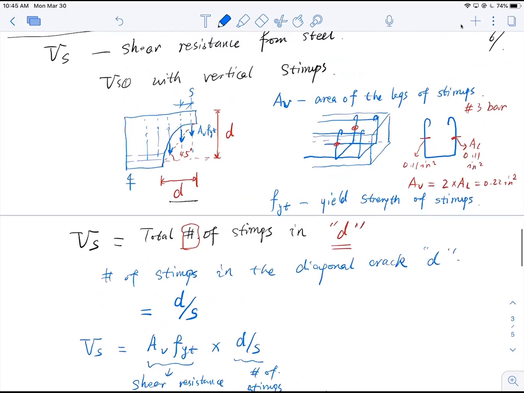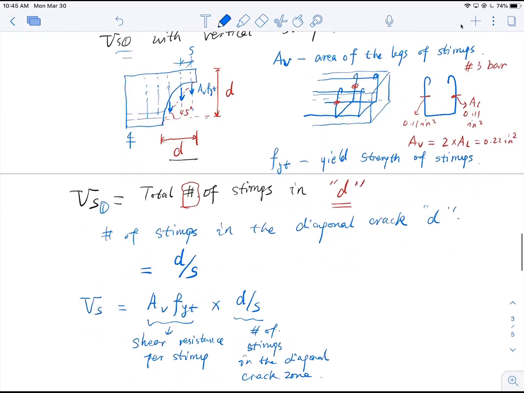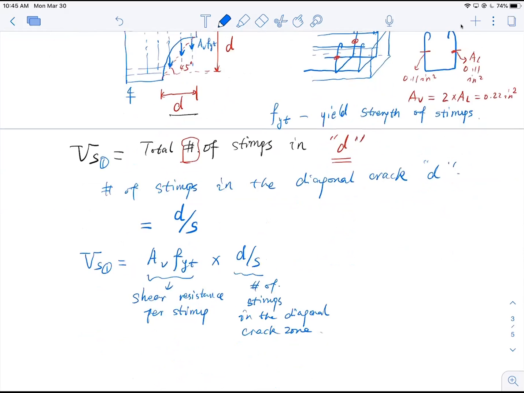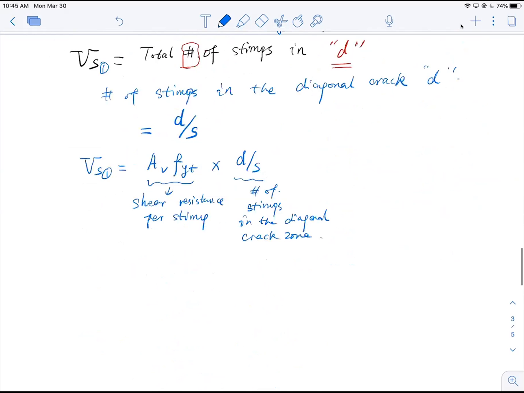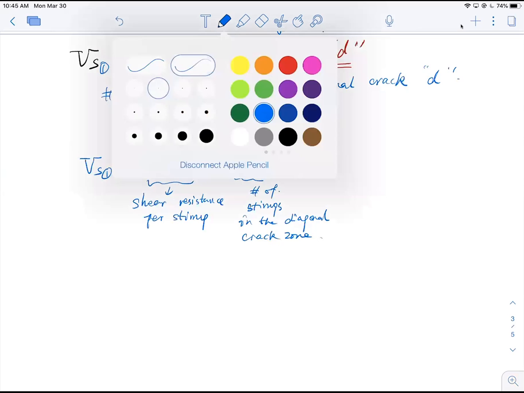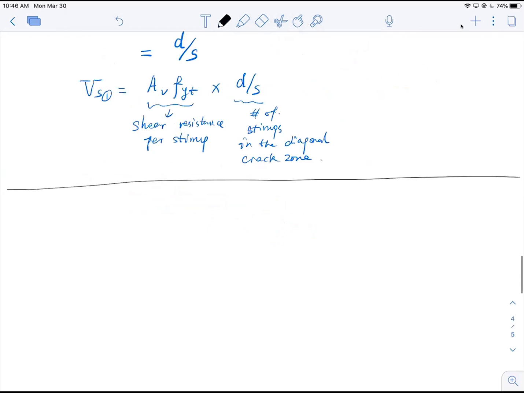Now be careful, this is scenario number 1, vertical stirrups. This is slide number 6. Let me go back to black color. Slide 7. Sometimes I do not always have vertical stirrups. I sometimes have VS2, which means inclined stirrups.